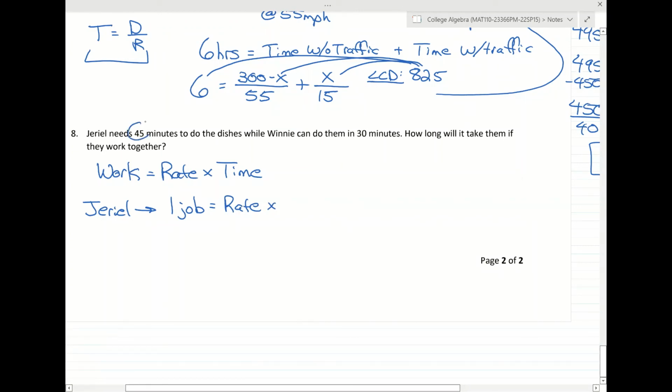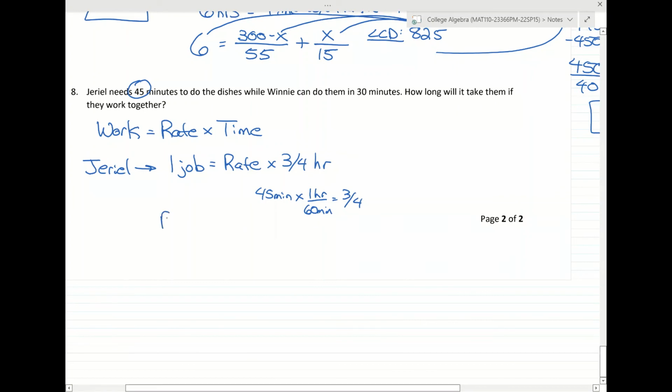And Jerry L needed 45 minutes. Converting that to hours, which means that his rate would equal 1 divided by 3/4, or 4/3. That's Jerry L's rate.